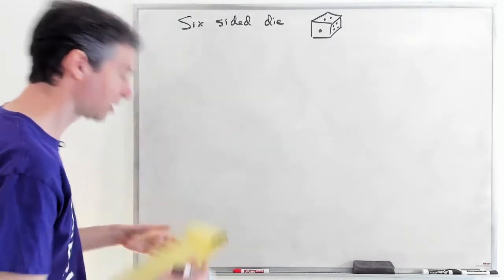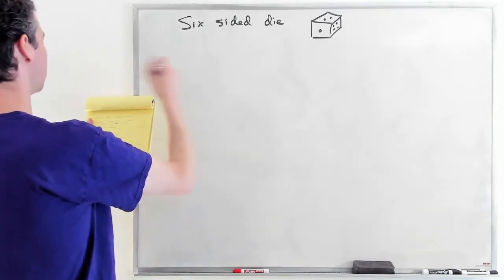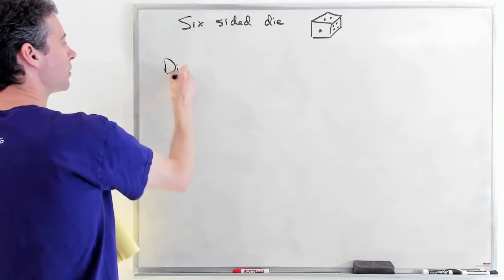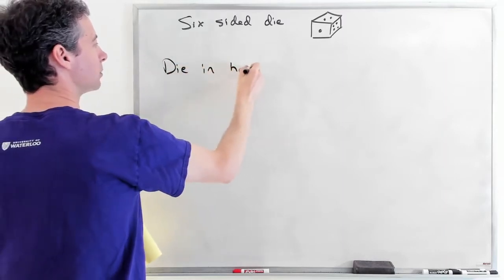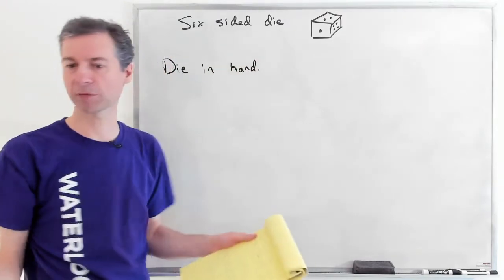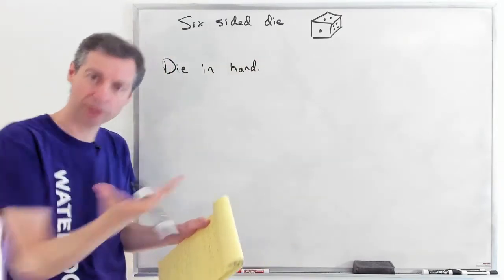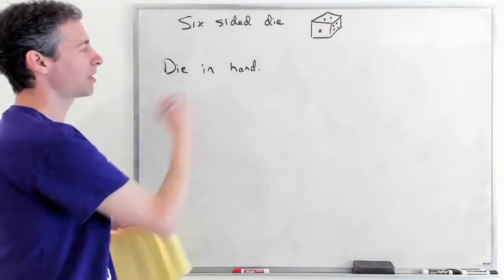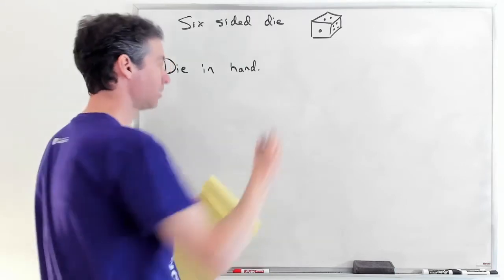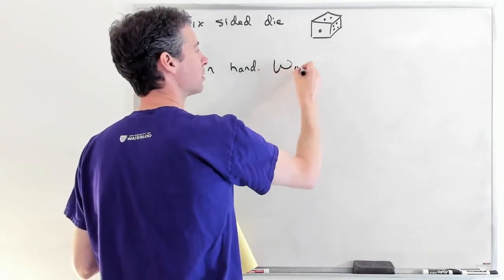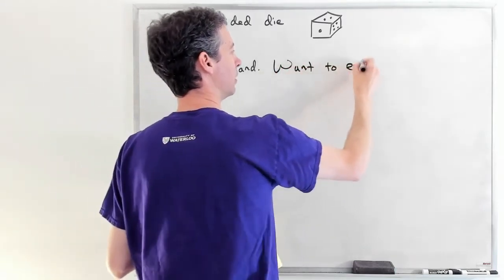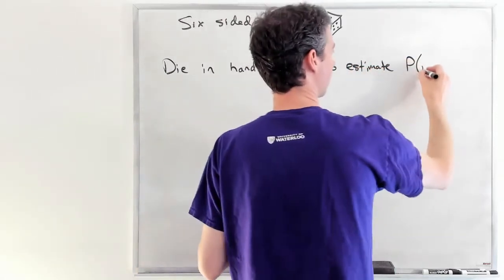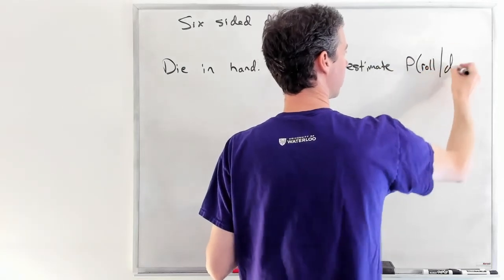Now I want to ask you this question. You have a die in hand. I don't have an example die. If I did, I'd have it in my hand right now, and I would show it to you. All right. So you have a die in hand, and you want to estimate the probability of what you're going to roll given that die.